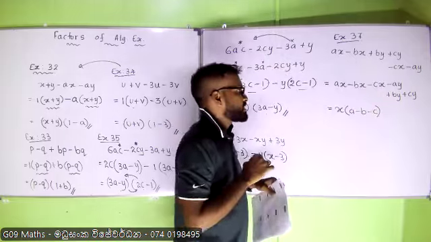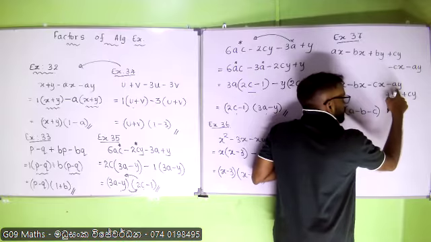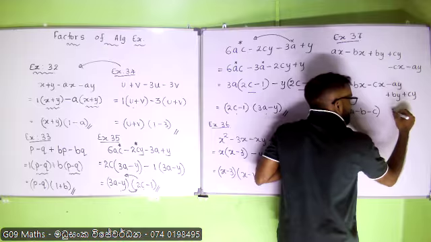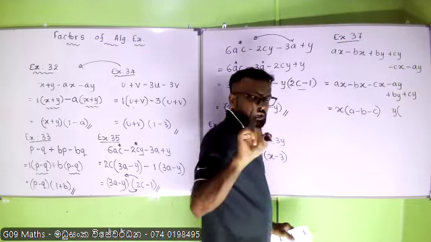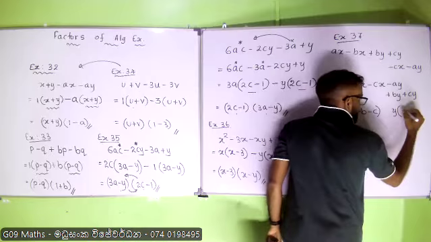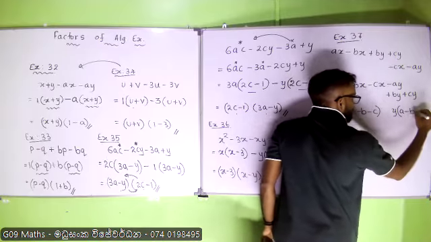So then I am going to take y out from here. But I need to make sure that I have a minus b minus c here. Same thing. A minus b minus c.